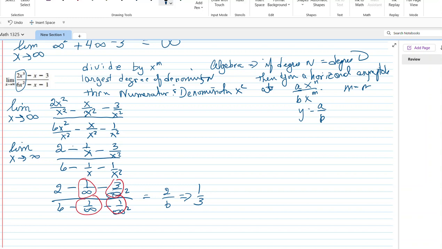So the answer is the limit as x approaches infinity of 2x squared minus x minus 3 over 6x squared minus x minus 1 is 1/3.